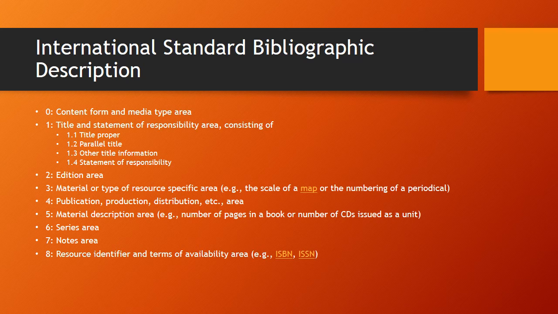Material description area, number of pages in a book or number of CDs issued as a unit, publication, production, distribution, etc. A little bit different, but things are just moved around and separated out. That publication area is different than the material description area.